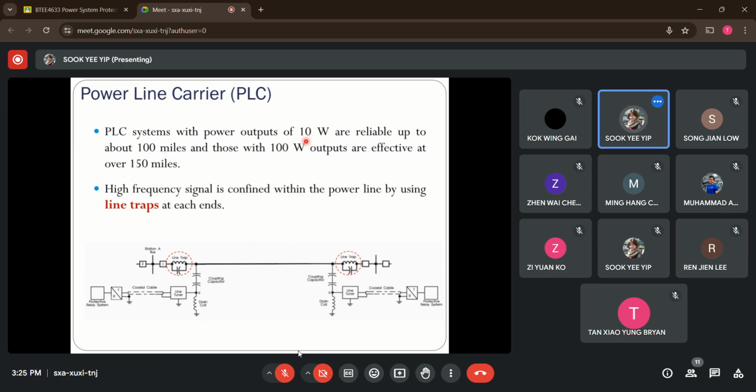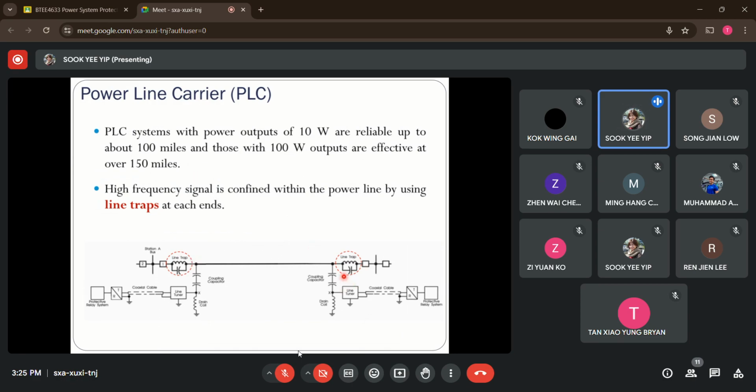What if I increase the power by 10 times? Obviously, the signal transmission length can be further, effective over 150 miles. So you can see they are directly proportional to each other. The higher the output from this system, the longer the signal can transmit to the other side of the transmission line.